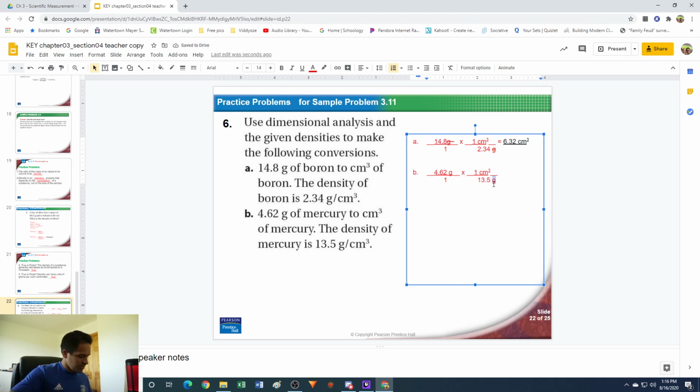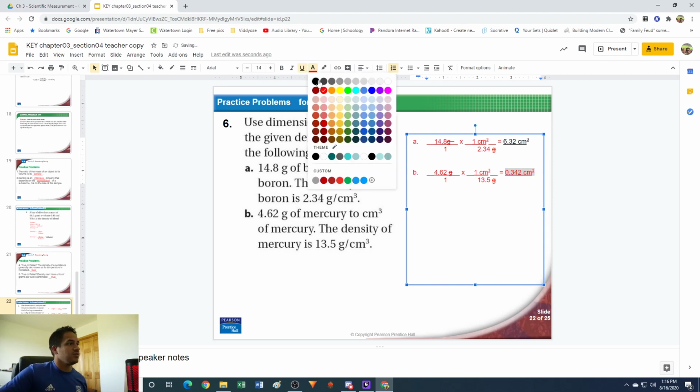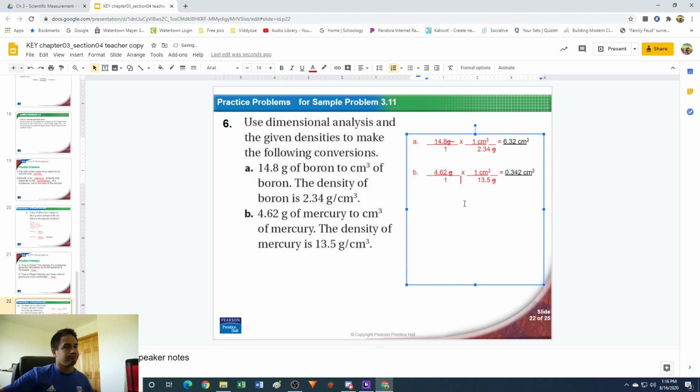Again, we're going to do it this way so that our grams will cancel out with each other, just like we did in letter A. It's pretty much the exact same math. And then we'll just take 4.62 divided by 13.5. And again, rounding to 3 significant figures, we get 0.342 cubic centimeters as our final answer. And there we go. That's it. So just a simple division problem.